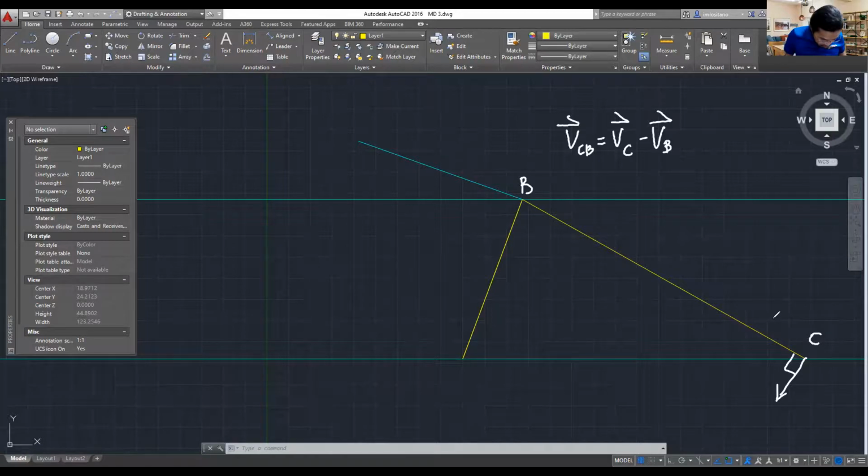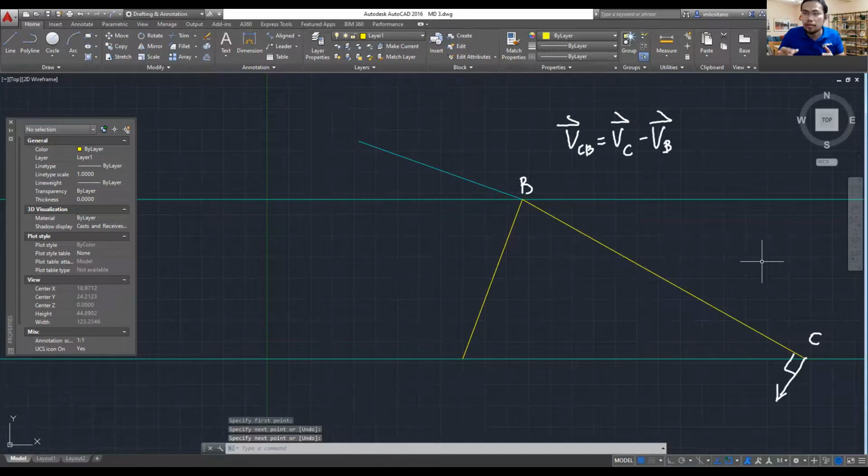So we recreate a line that is 90 degrees with respect to that link. We rotate this one with respect to C, 90 degrees.